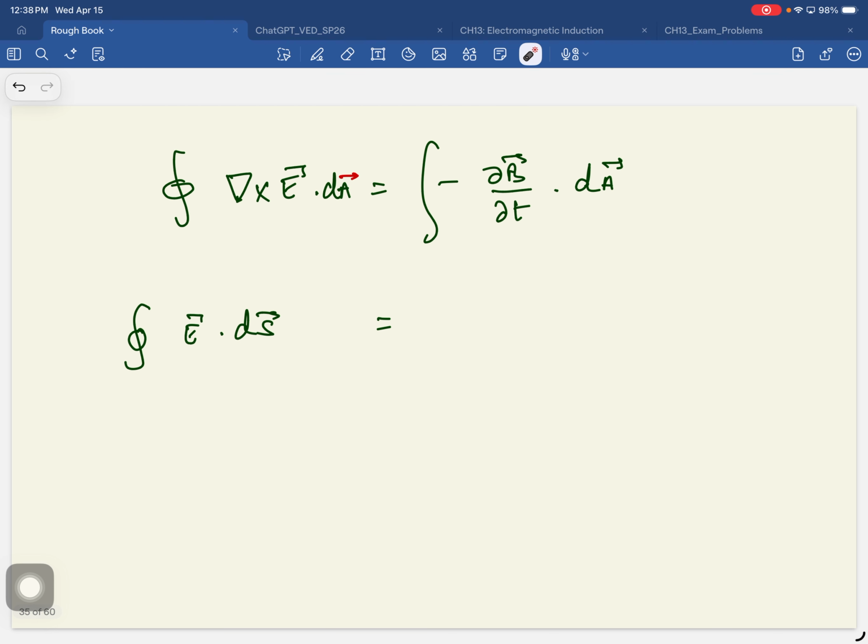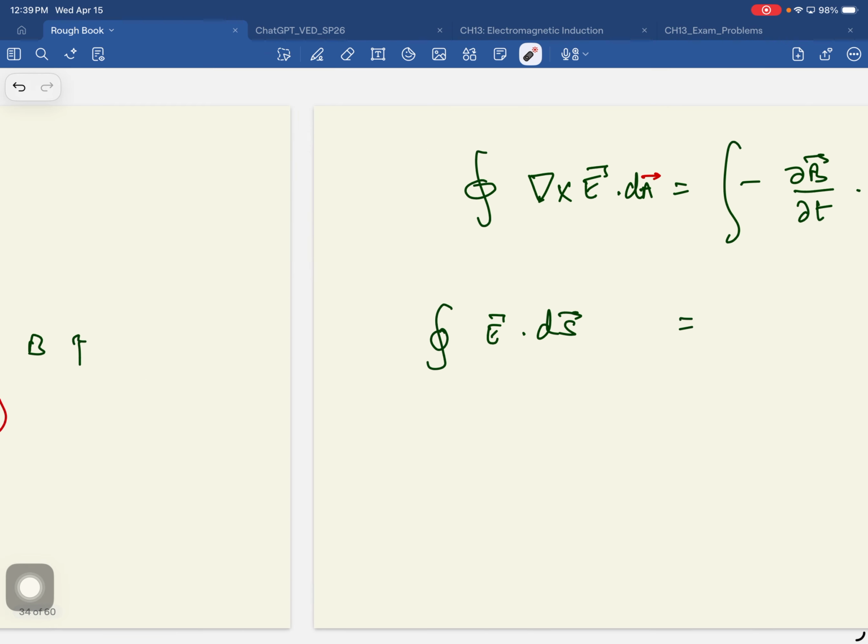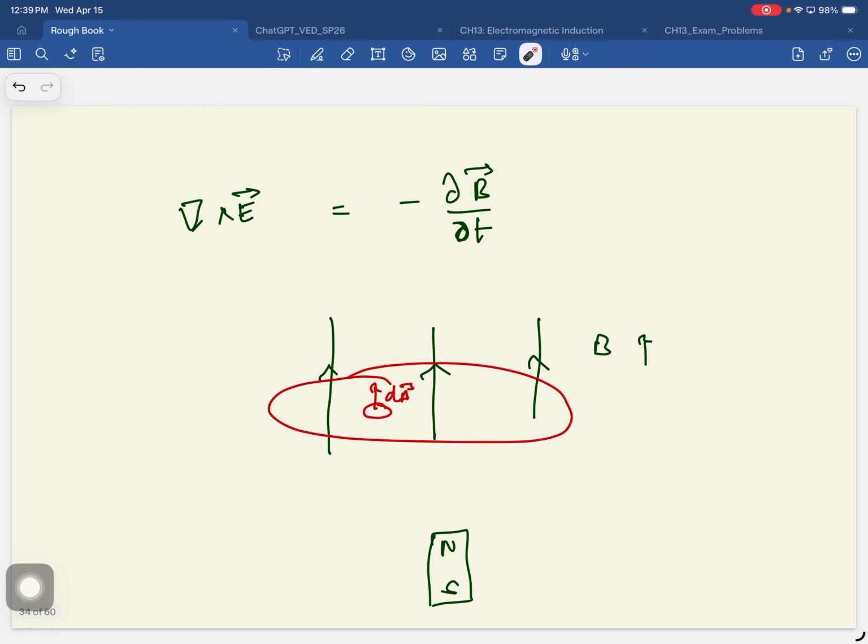So here's a pretty neat thing. A surface integral is a two-dimensional integral, and this line integral is a one-dimensional integral. So Stokes' theorem is equating a two-dimensional integral to a one-dimensional integral. Now, when you're taking the surface integral in this sense, you use the right-hand rule.